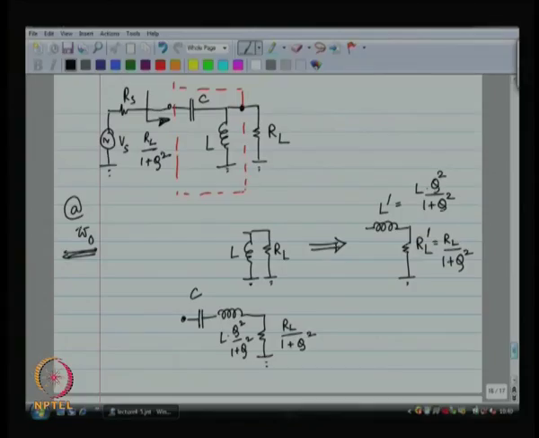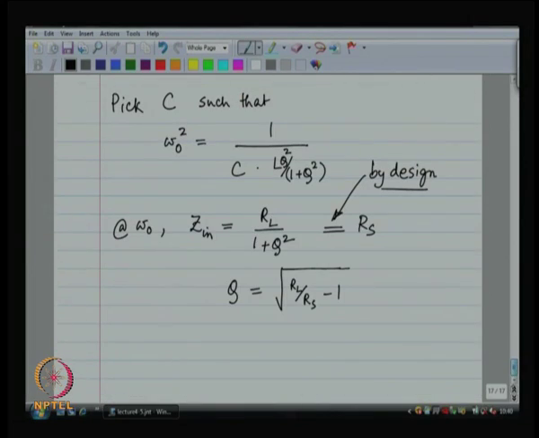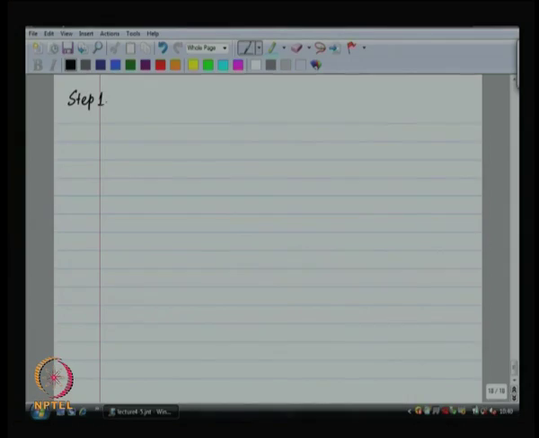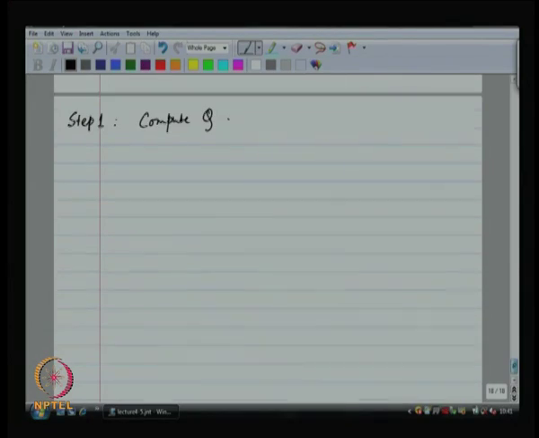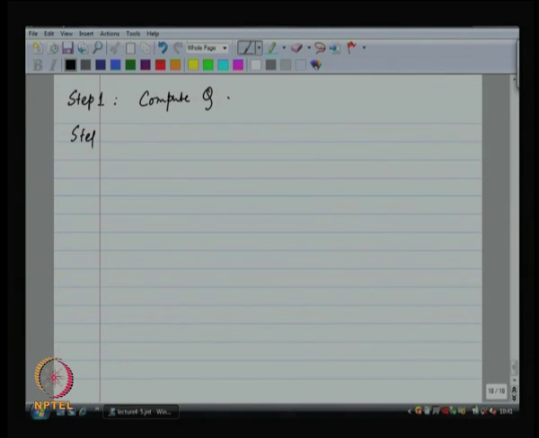So, this is how we go about proceeding with our story. Number 1, compute the Q needed. Q is going to be this. Step 2, compute L. What is the relationship between Q and L?